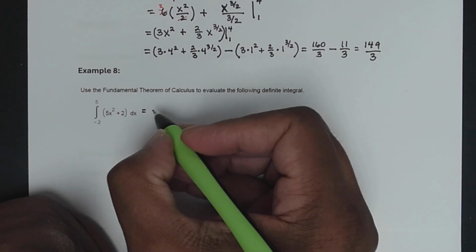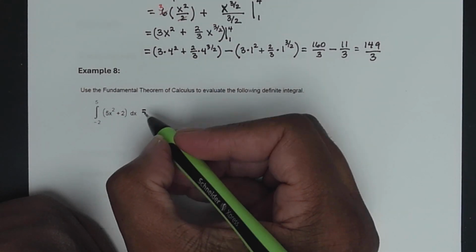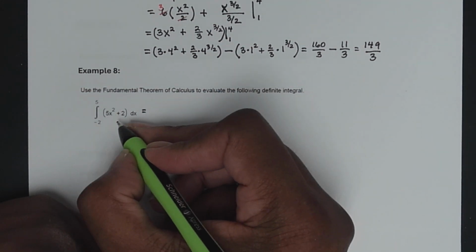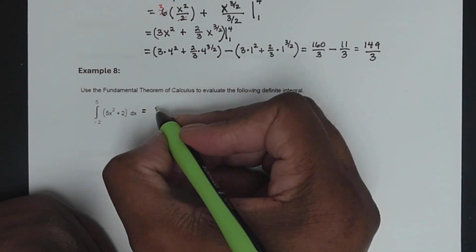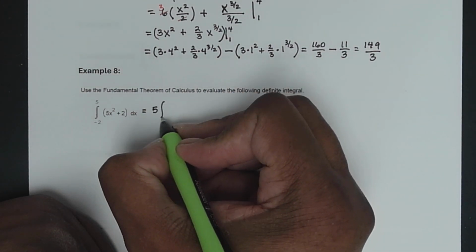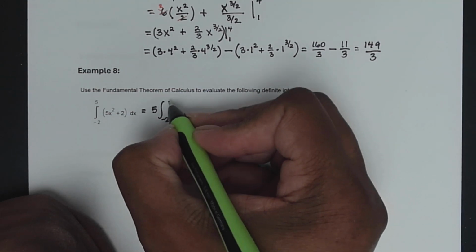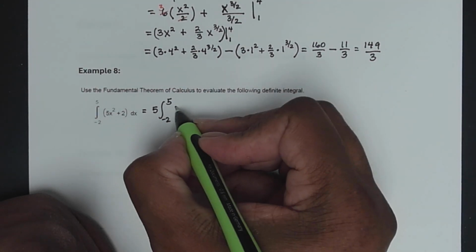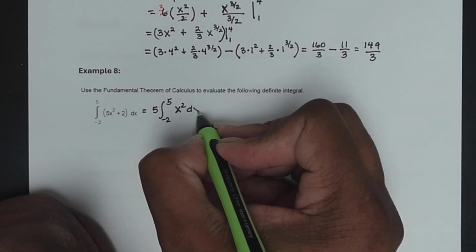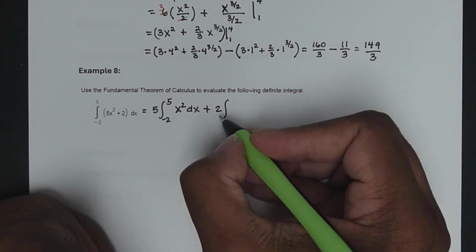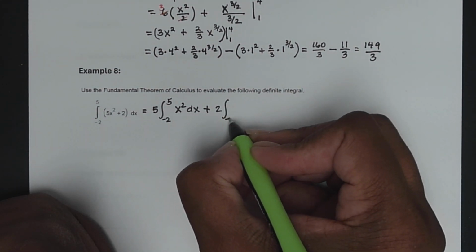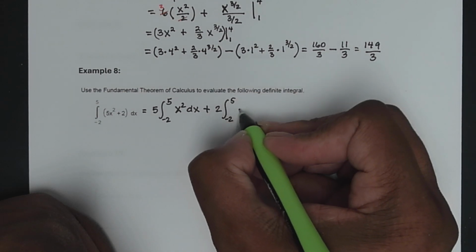And I'll use a combination of the sum rule and the constant multiple rule. For that 5x squared, I'll pull the 5 out in front, so it'll be 5 times the integral from -2 to 5 of x squared dx, plus, I can pull the 2 out in front, so it'll be 2 times the integral from -2 to 5 of dx.